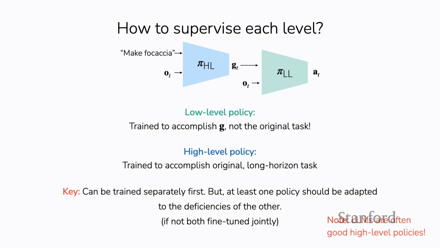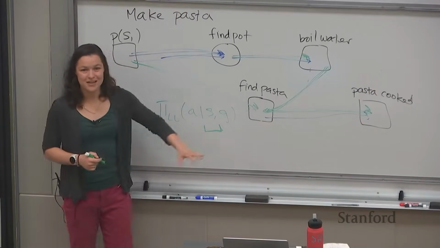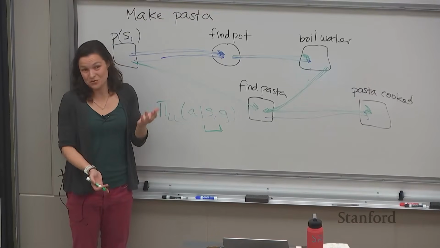Cool. One other side note that I think is worth mentioning is that even for problems that are not traditionally LLM problems, LLMs are often pretty good at some of the higher level reasoning that you might want to do. For example, if you know that you want to cook pasta, if you ask a language model what are the steps involved with that, oftentimes they can actually give you that.